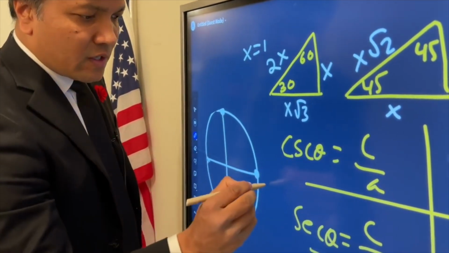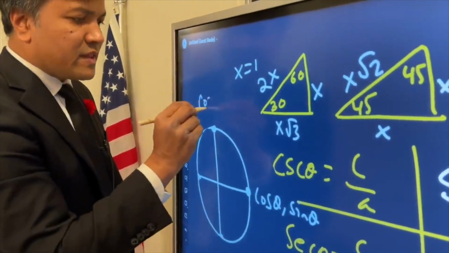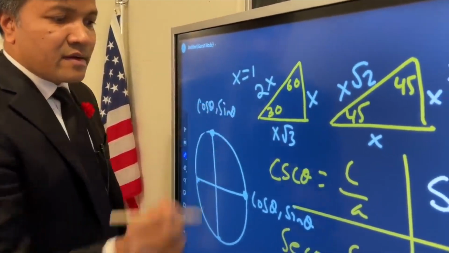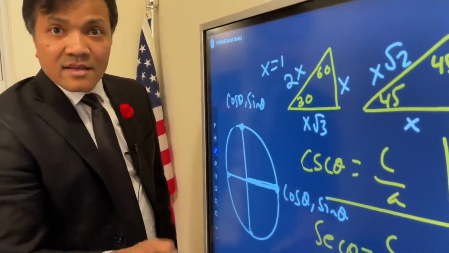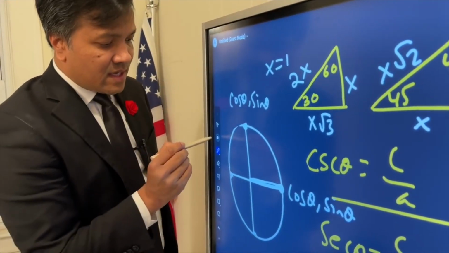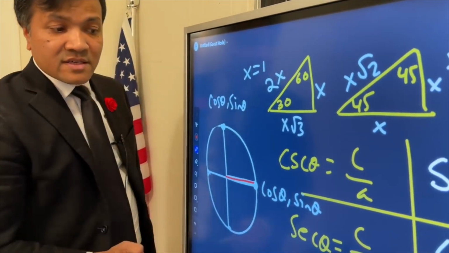So you're going to call it cosine theta, sine theta. What is the theta? Theta is the angle. What is the angle? This angle is 0, because what is the angle of this with respect to the red? 0 degree.